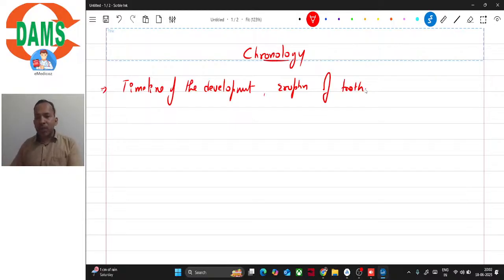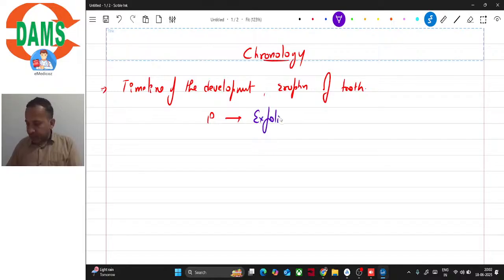And in case of deciduous teeth, we even talk about exfoliation. So development, eruption, root completion, exfoliation, all these things are included under chronology.